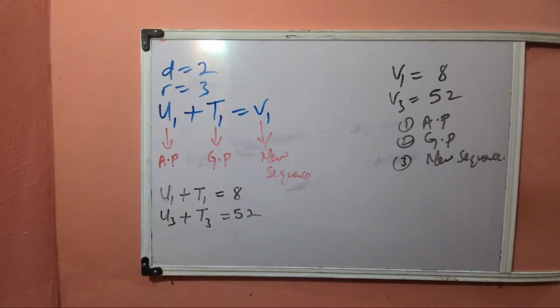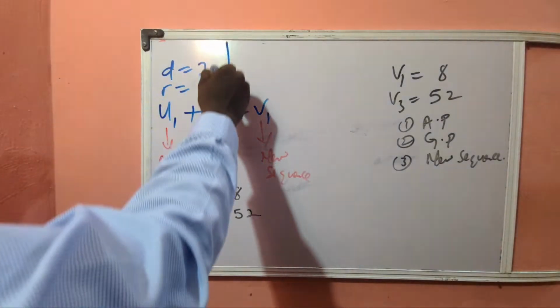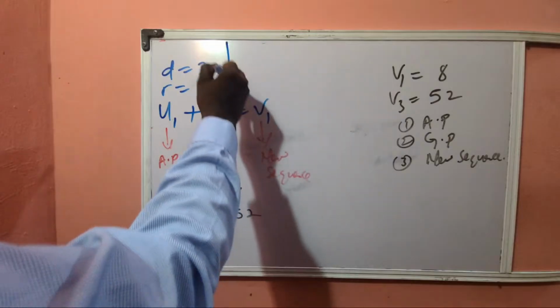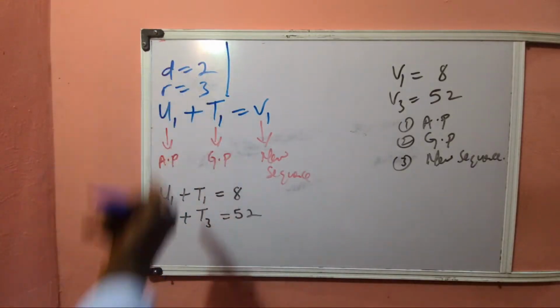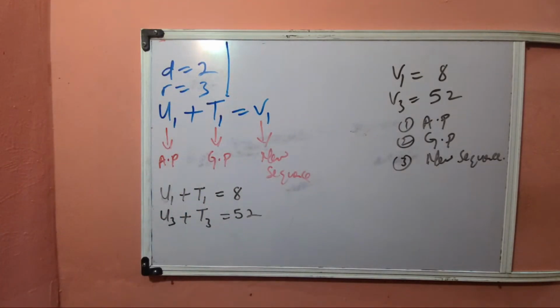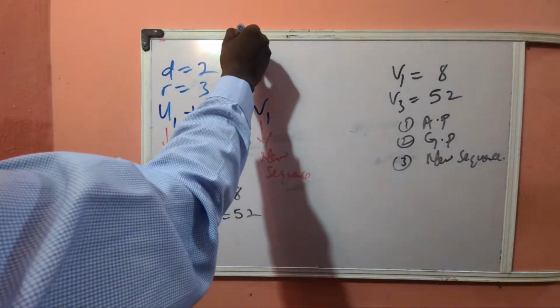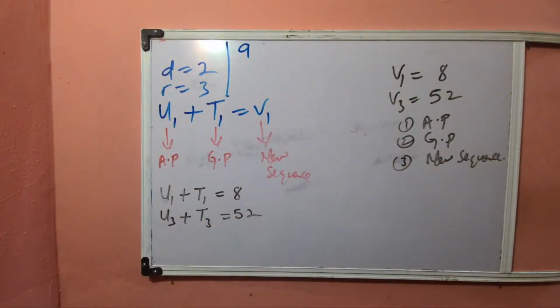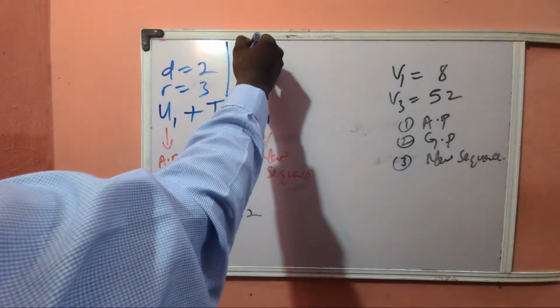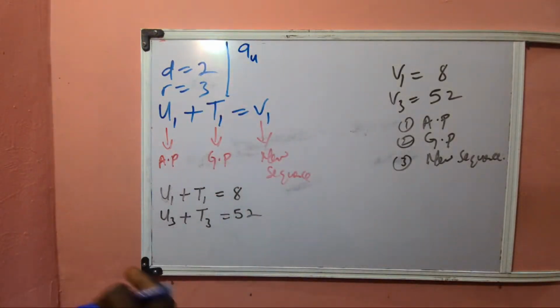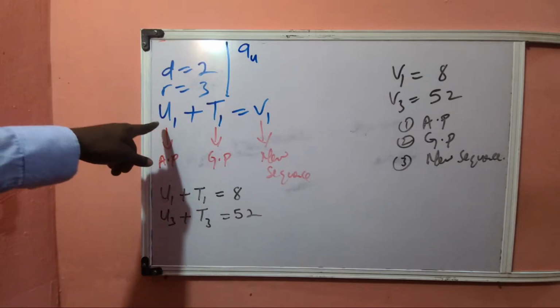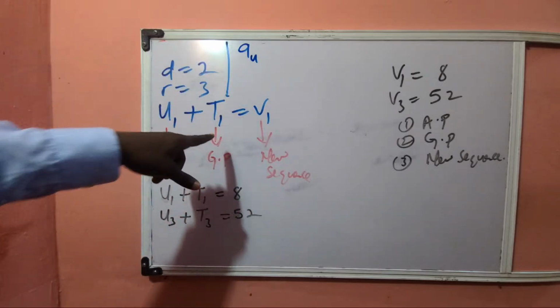All right. Now, there's something we're going to be doing. If I'm going to write my AP, I want to try and write what my AP will look like. I have my difference to be 2. I'll be writing the first term of my AP as AU, and that of a GP as AT, so that you won't confuse A for A. Don't forget, A for the AP is different from A for the GP.